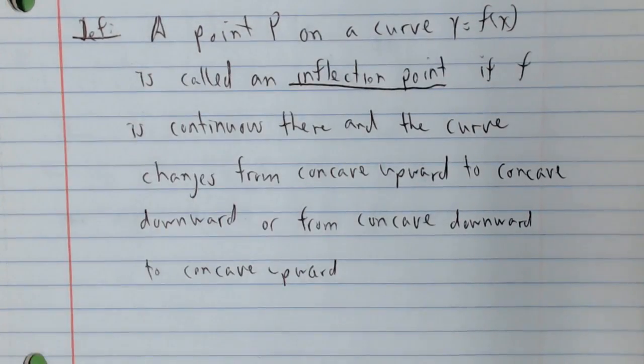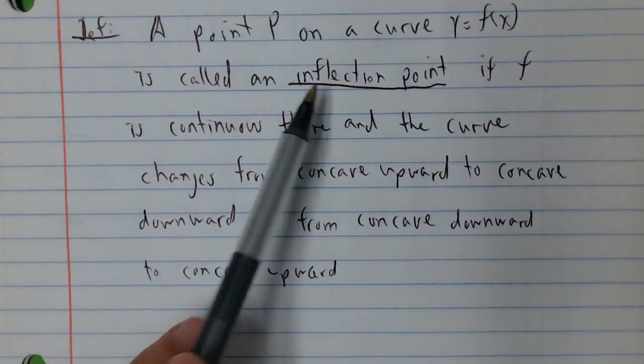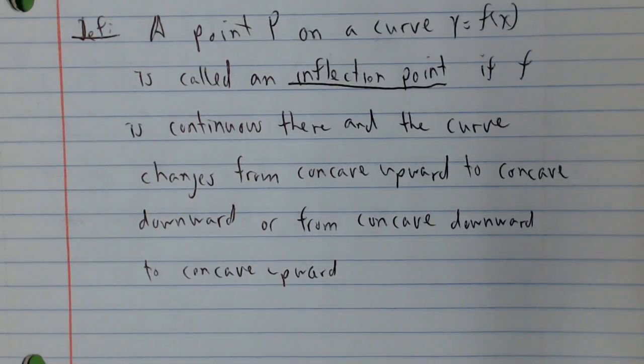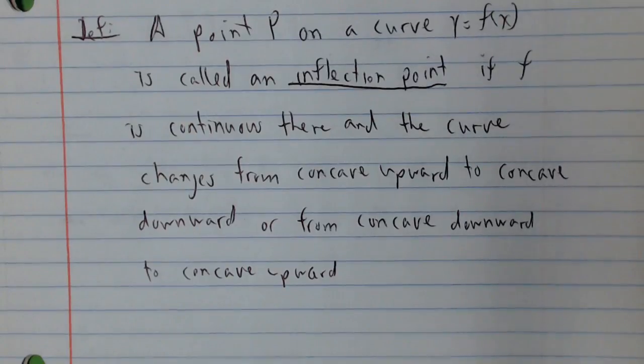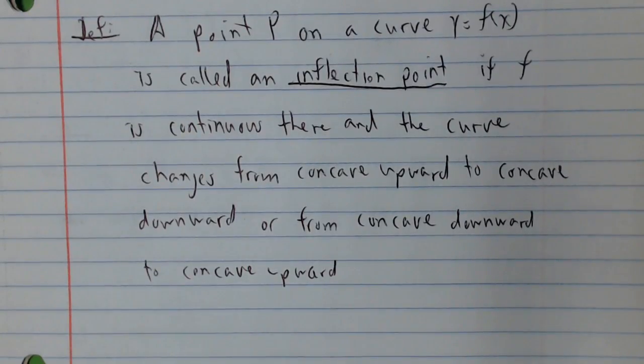Basically, an inflection point is the point at which the function transitions from one type of concavity to the other.